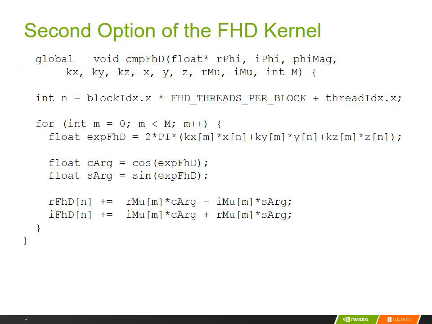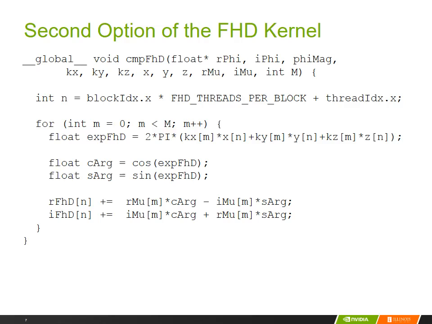And then all the threads will enter into the inner loop, which is iterating through the M variable. Within the inner loop, for each thread, the N value is not changed. The N value is calculated as a function of the block index and thread index.